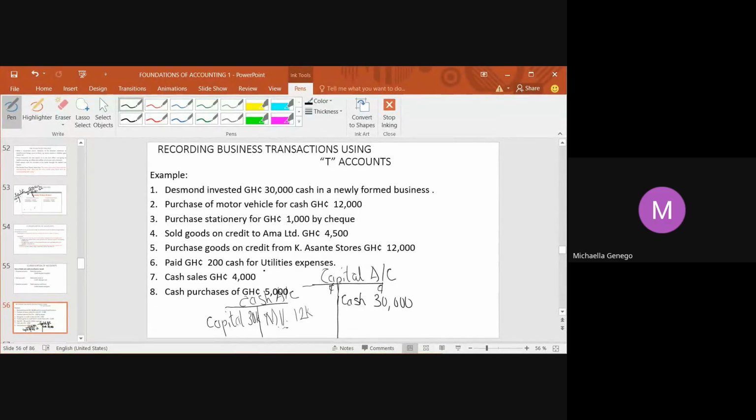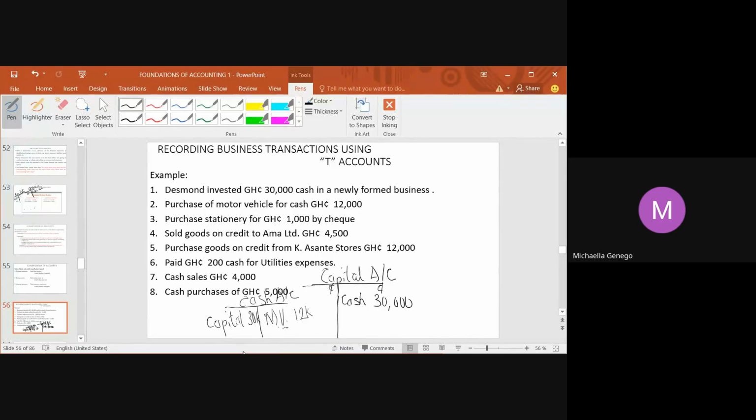But make sure it's going to the right side. If it's a debit entry, put it at the debit side. Don't confuse yourself. For your workings, you can be creating a lot, but for the submission, it should be just one cash account or one bank account with all bank transactions going into that account.